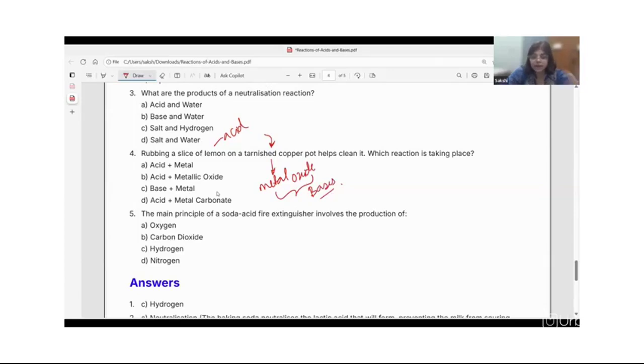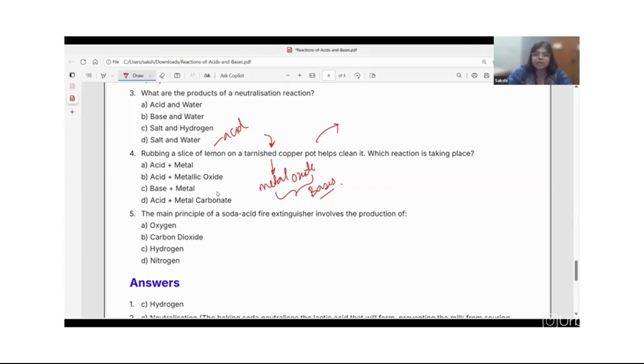That is why you should never prepare lemon juice in copper pots or copper jars, or drink it in copper glasses, because it can cause copper poisoning. Lemon juice contains acid, and acid reacts with metal oxides, which are bases, to produce harmful salts. So it can cause copper poisoning, which is very harmful for health.